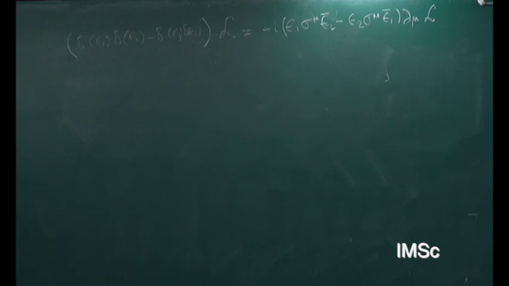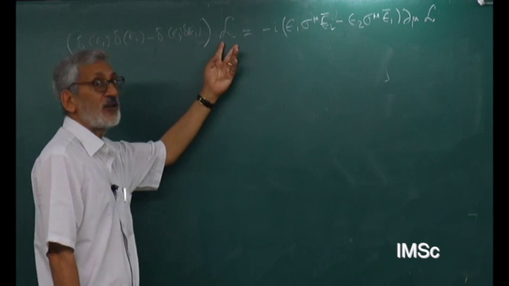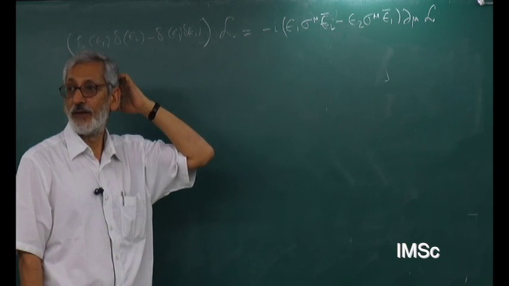Now if the Lagrangian is supersymmetric invariant, that means the delta variation of L is 0 on its own.